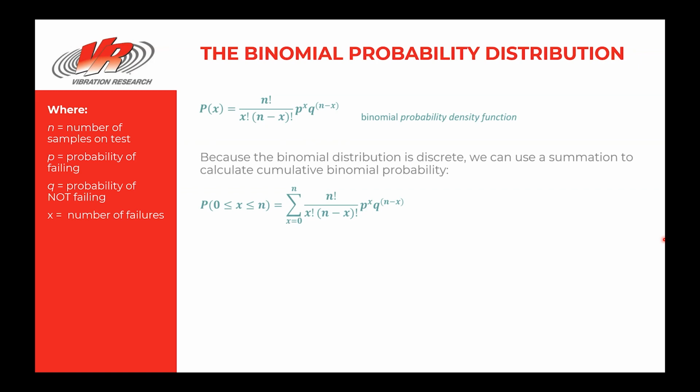So we can add those together to get our cumulative binomial probability distribution. So this would tell us the probability of one of our parts failing during test if we know, in general, the probability of a part failing. We assume this to be our failure rate, or 1 minus the desired reliability, whatever our reliability target is.